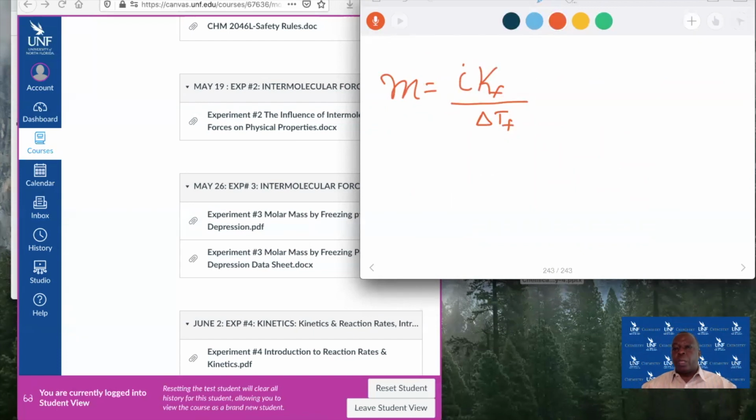To help you out, the i in this experiment will always be 1. Kf, that is the molal freezing point constant, you will see in the handout.